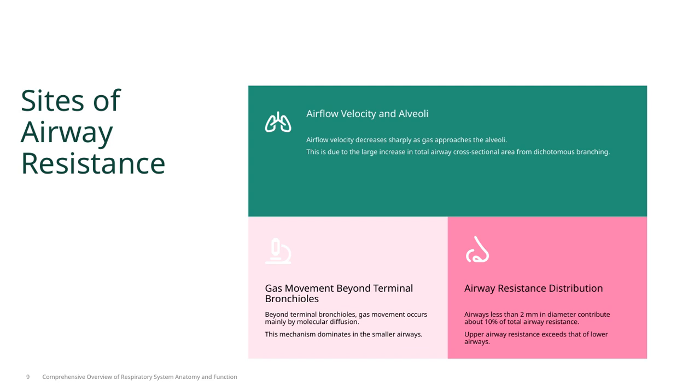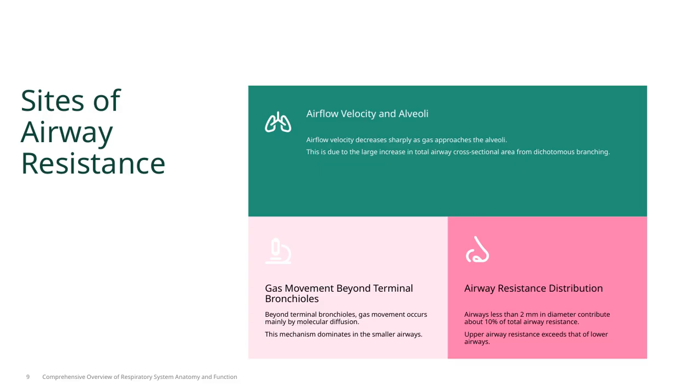Now, let's talk about airway resistance. Interestingly, airways less than 2 millimeters in diameter contribute only about 10% of the total airway resistance. This tells us that the majority of resistance is actually found in the larger airways. Also, it's important to note that the upper airways exert more resistance than the lower airways.